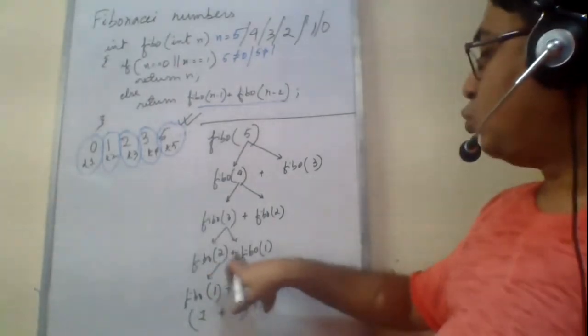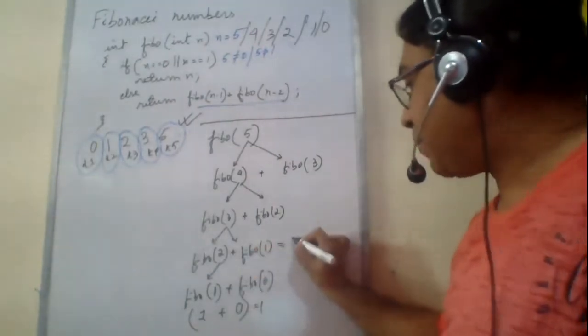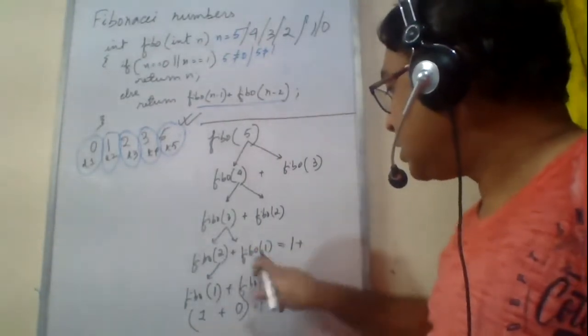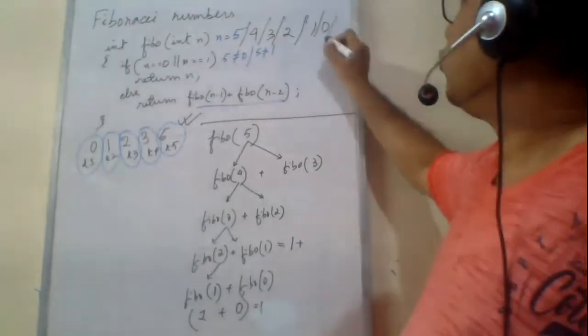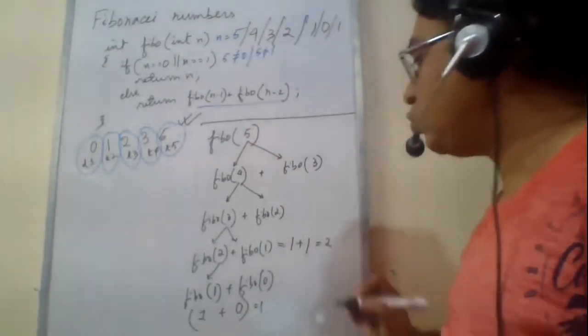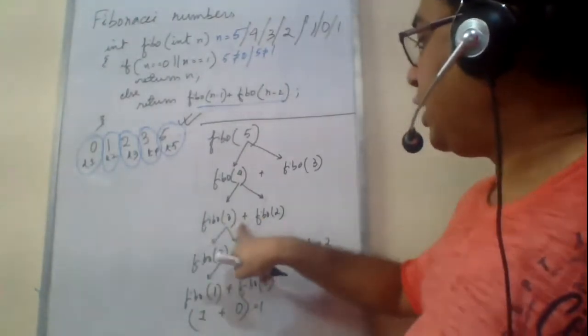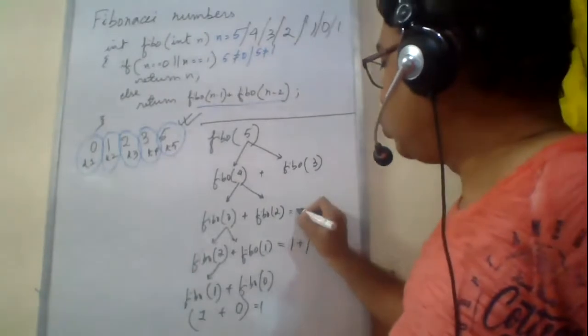So Fibo of 2 is getting the value 1. With Fibo of 3, I am getting Fibo of 1 again. So here I am getting 1 plus Fibo of 1, and when I call Fibo of 1, it returns 1 again. I am getting 2 over here. So when I am getting 2, that means Fibo of 3 is getting the value 2.